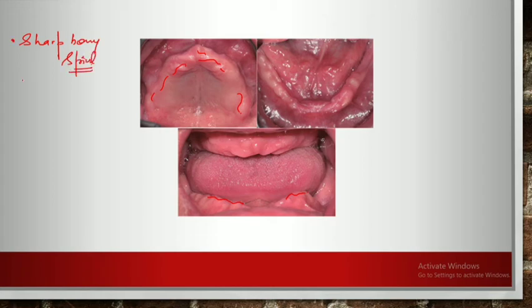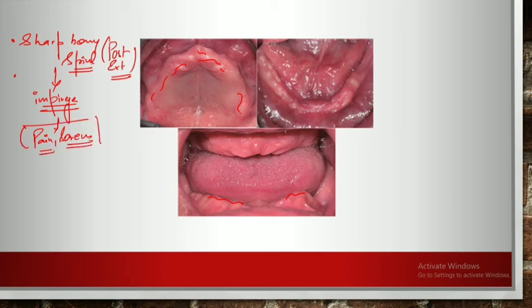So these sharp bony spicules that are mainly seen post extraction can impinge in the supporting tissues, right? So this impingement can cause pain and soreness or discomfort. So due to this, it is mandatory to round off these sharp bony margins, right?